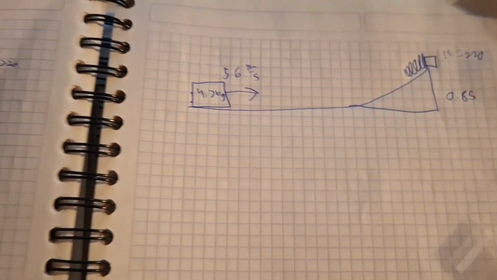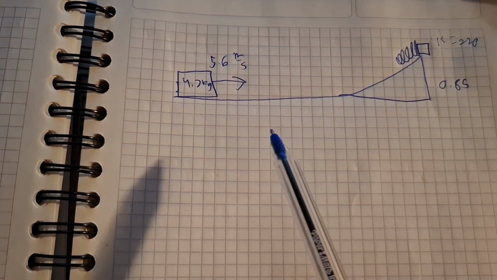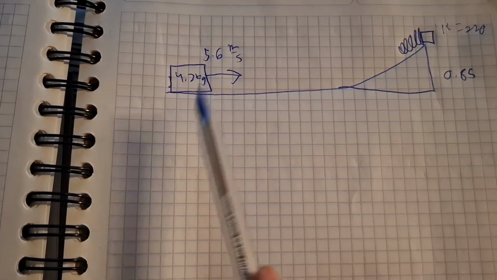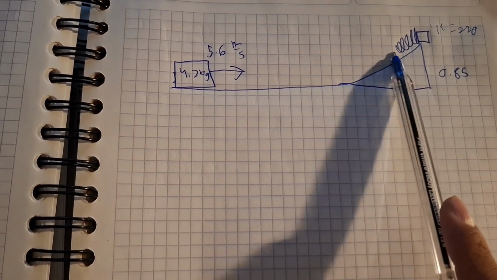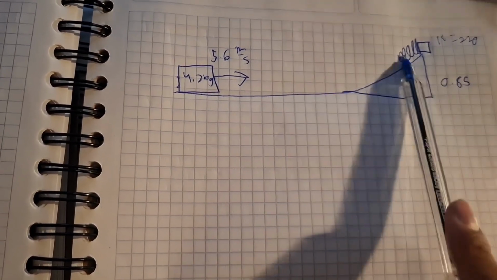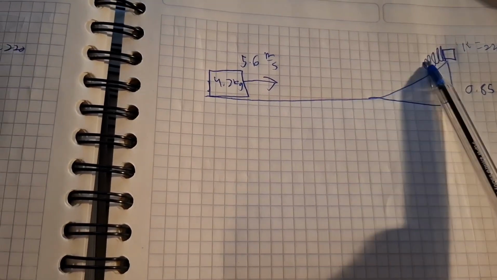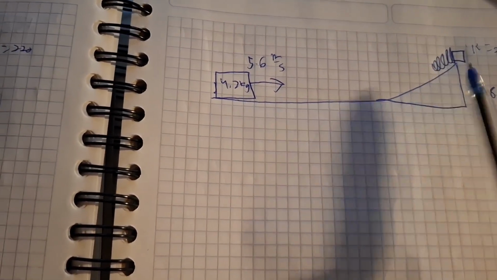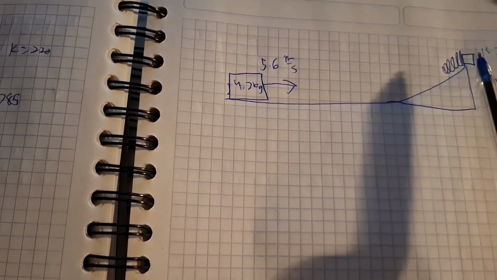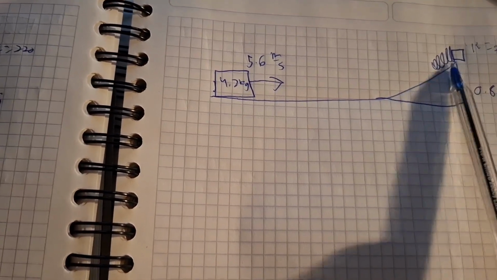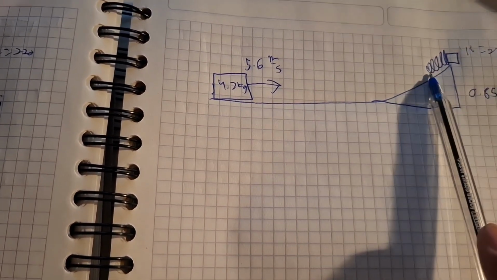We have to compare the kinetic energy to the potential gravitational energy plus the elastic energy. Thus, we know how much it compresses the spring.